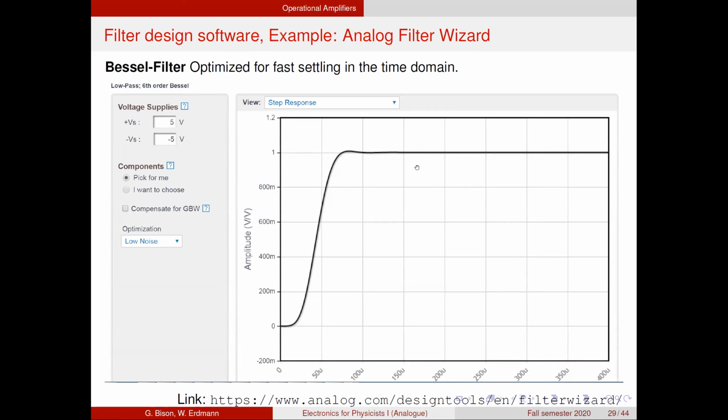And then you see that it becomes much quicker and stabilizes to the nice new value here in a much smaller time. But it might be that you need additional filter orders in order to achieve that. And in this case, it's now a 6th order Bessel filter. And so like that, you can see that you have to find a compromise between the perfect filter behavior and the effort you want to invest in electronic components to get the system doing what you want.